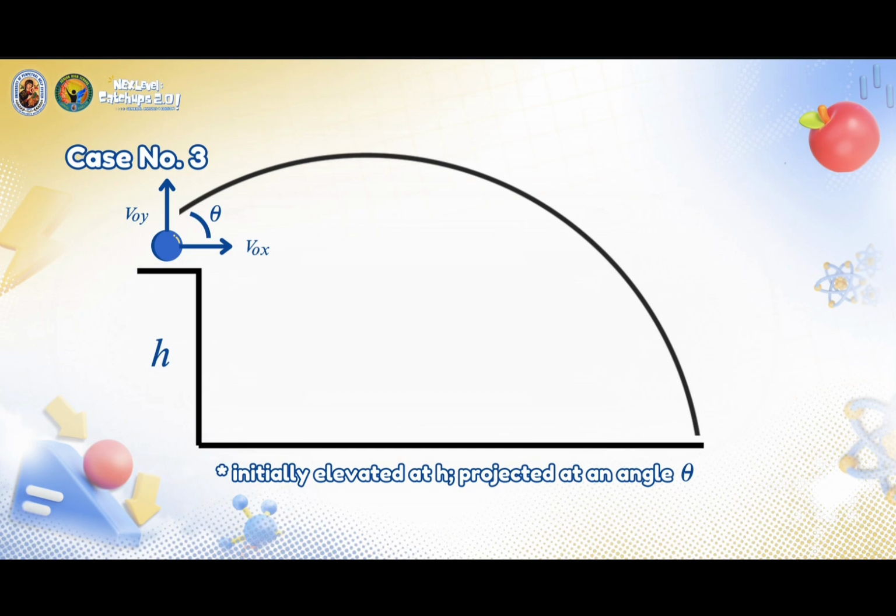Then finally, we have case number 3, wherein the projectile is initially elevated at a certain height h, and it is projected at a certain angle theta, where it is not equal to 0 degrees.